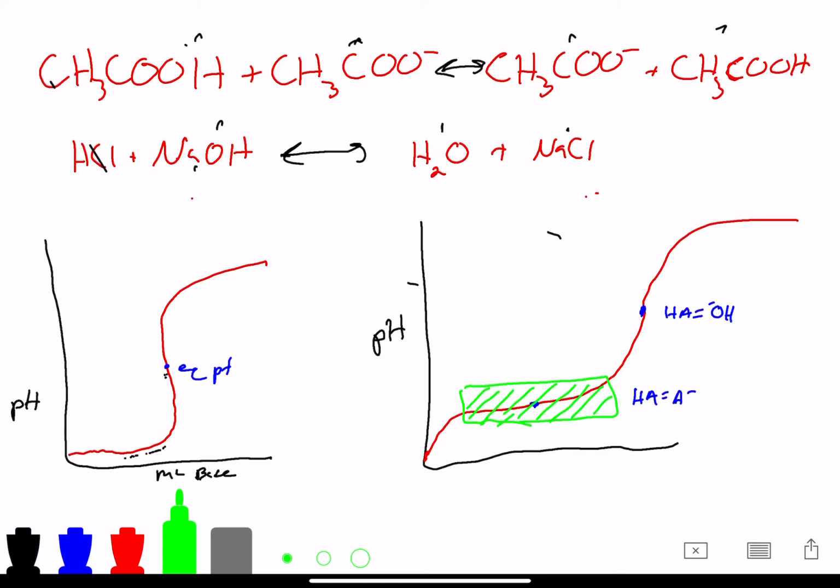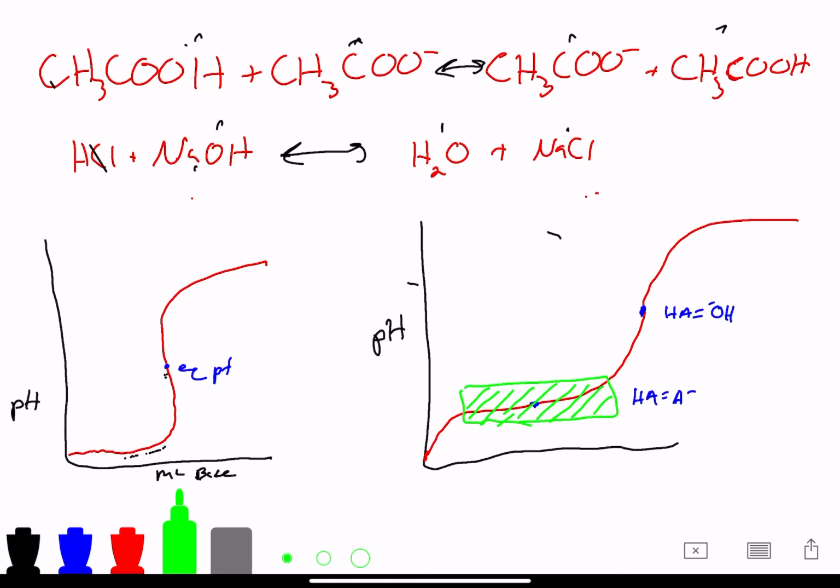So the only way to really appreciate buffers is to look at it mathematically, unless we were able to actually do a titration, which we were supposed to do with a weak acid, but the pH meters that we had weren't the highest quality. So we have to just calculate it out to see how this works.